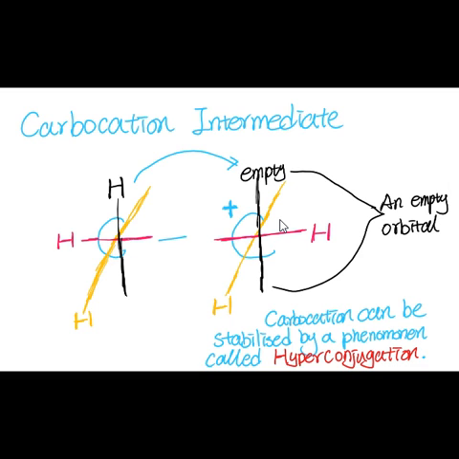Now, this is called hyperconjugation. Electron density from a neighbor sigma bond, which is a single bond, can be shared to stabilize the empty orbital.